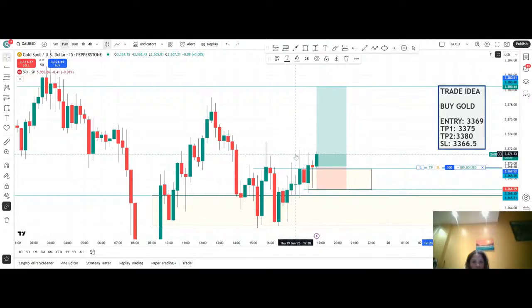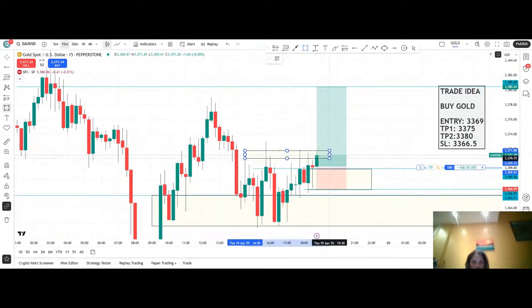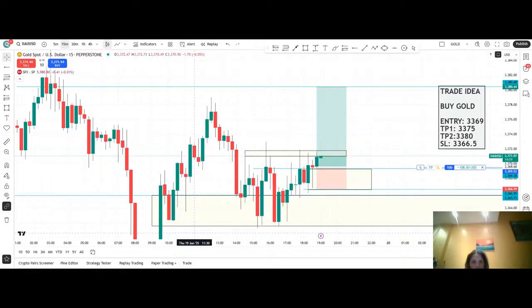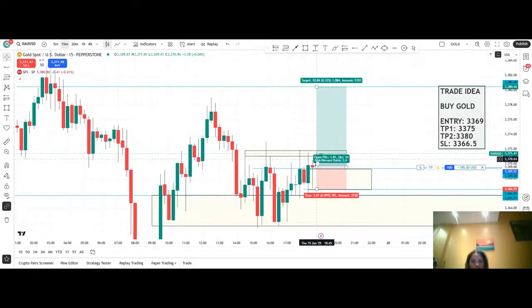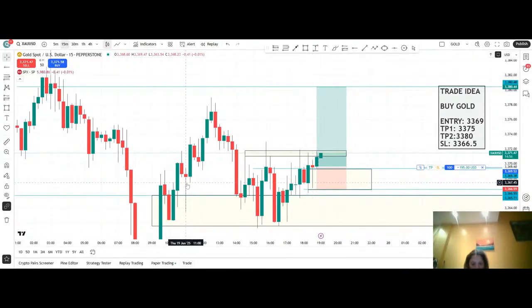See here, we want price to just break these highs. That's a strong bullish close. I am happy with that close, and it's a 1 hour candle closing strong bullish. So I'm still happy with that.